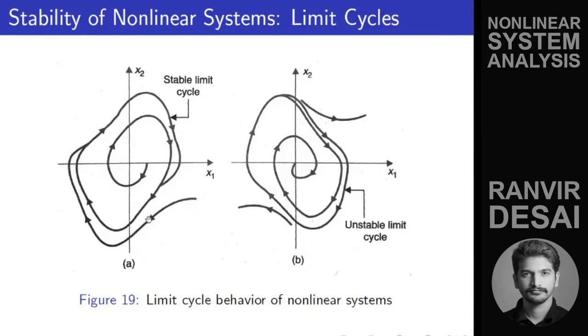Also, if you start from the outside, you come and do this circuit only. So this path is called a limit cycle. This is a stable limit cycle. Stable meaning, even if you start from inside or outside, you reach that path and remain there only.